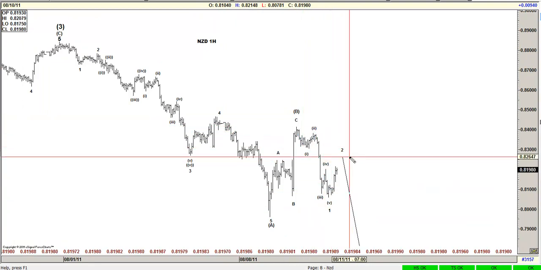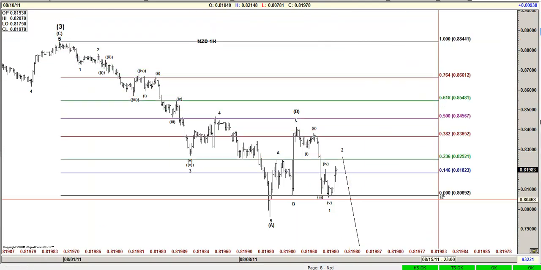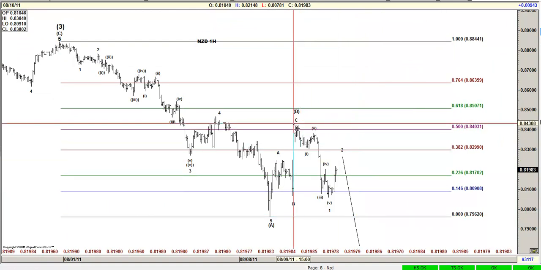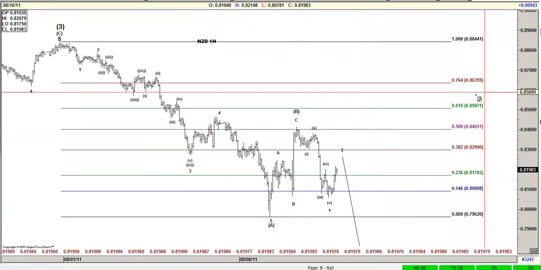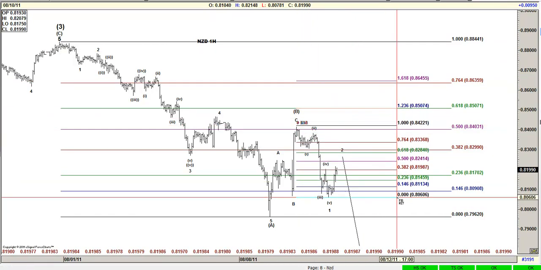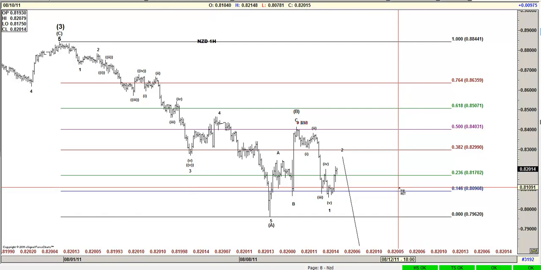So if we measure New Zealand from the top, this high right here was the 50% retracement. So taking a shot at the New Zealand short, I would say around the 83 area is not a bad idea against the 84.25. I mean, that can be a heck of a trade right there.